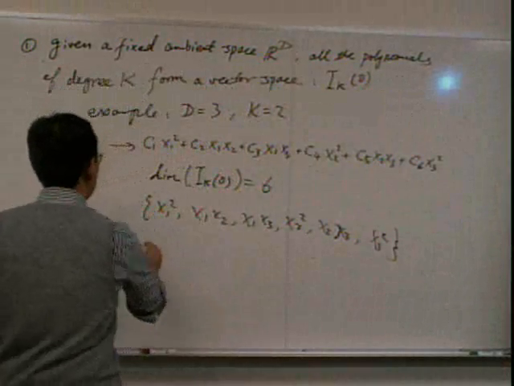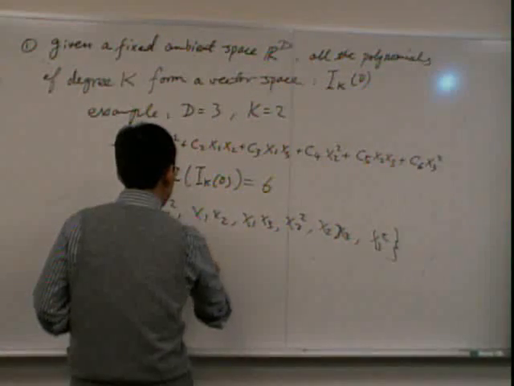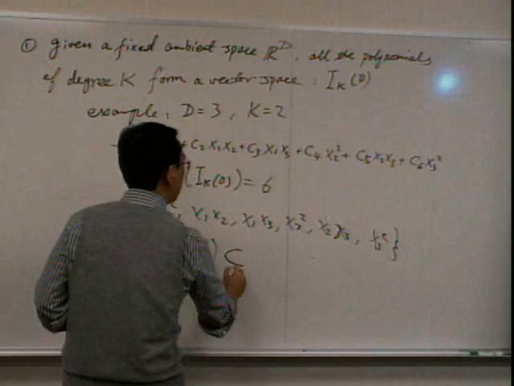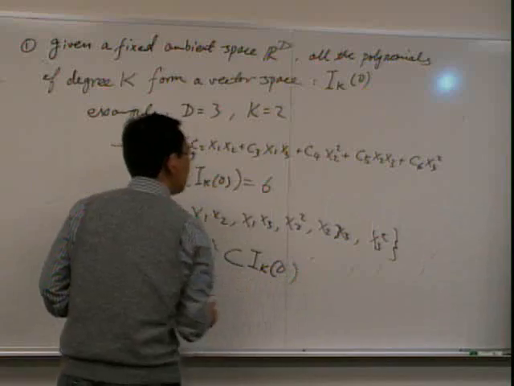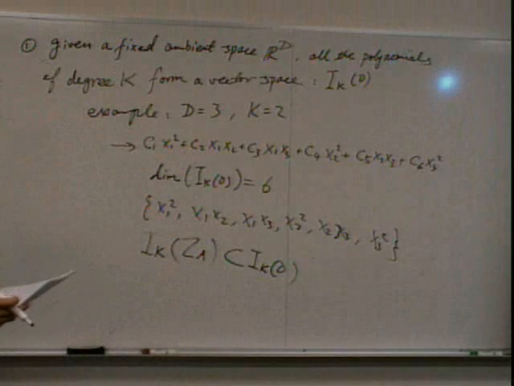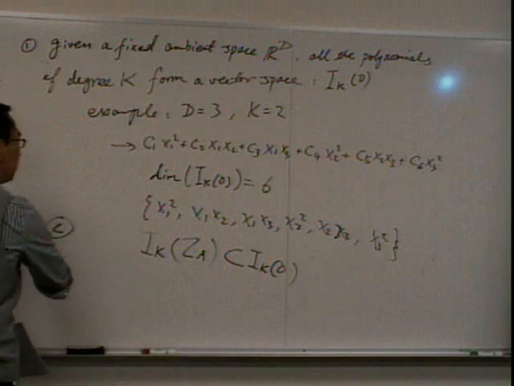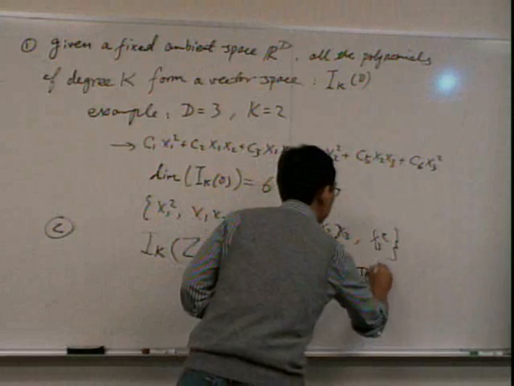Which means I_k of the zero set of the subspace arrangement actually becomes a subspace of this vector space. Okay? That's the second point. It is a subspace.